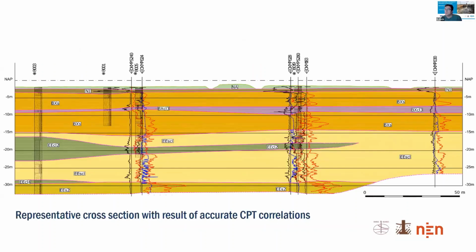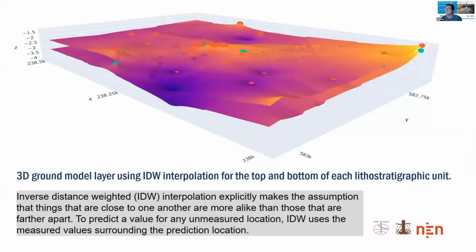This is a representative cross-section with results of the accurate CPT correlations. There you can see the BXCL3, a clay layer at around 8-9 meters, and a clay layer around 20 meters, which is the EESCL. So this looks far more favorable than we first imagined.